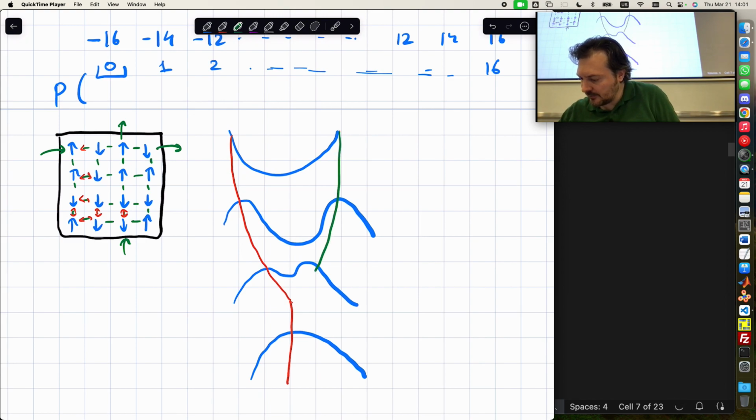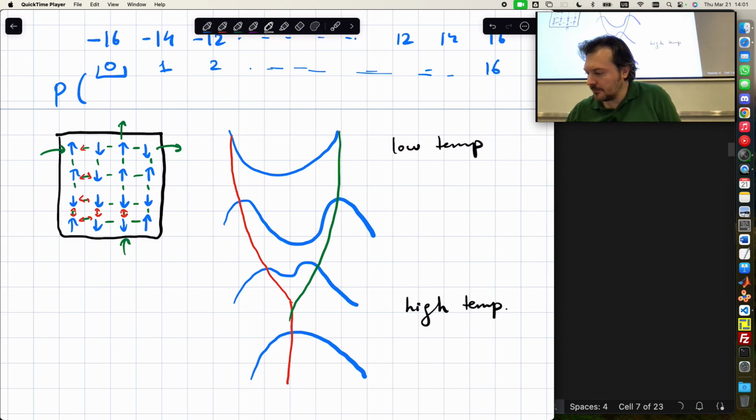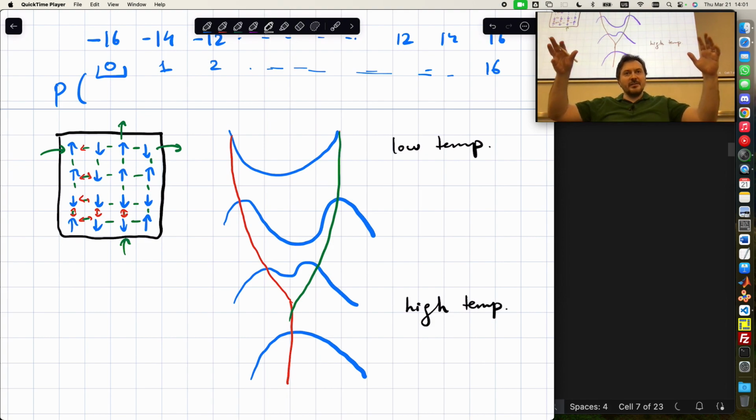So at low temperature, let me call this low temperature, and this is high temperature. At low temperature you have a magnet, at high temperature you lose that magnetization completely.